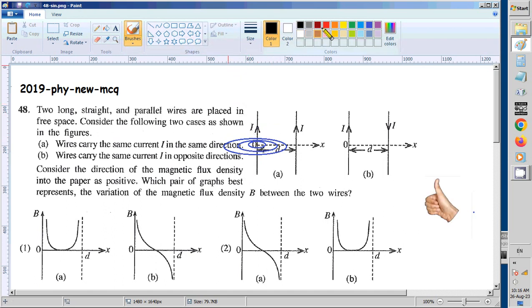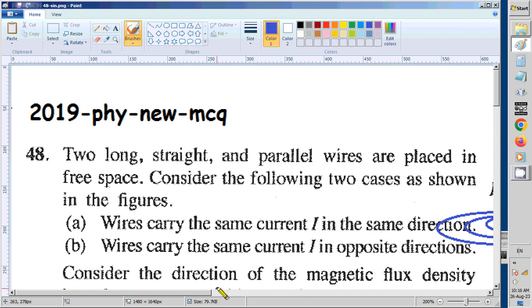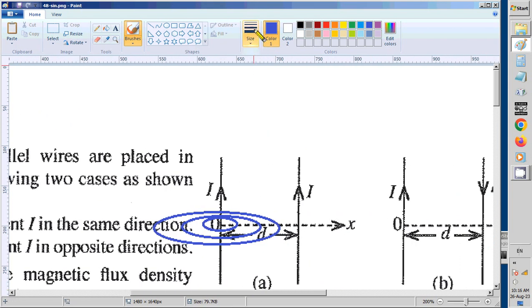So the direction of flux lines at the center is like this, into the paper. So let us mark it at the center.